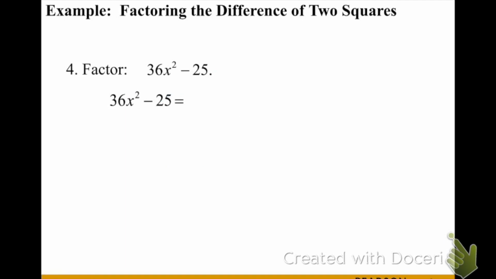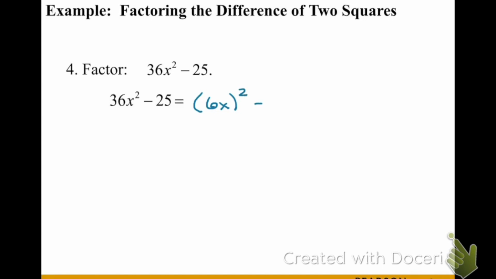For example here, notice we have a binomial that we are subtracting, a difference. If we look at the first term, we get 36x squared, which we can square root. And the second one is 25, which we can also square root.